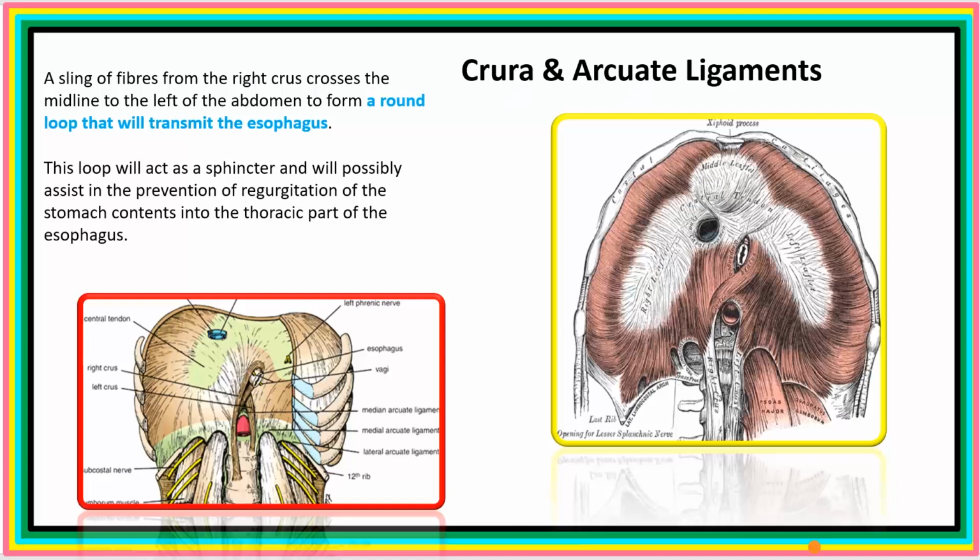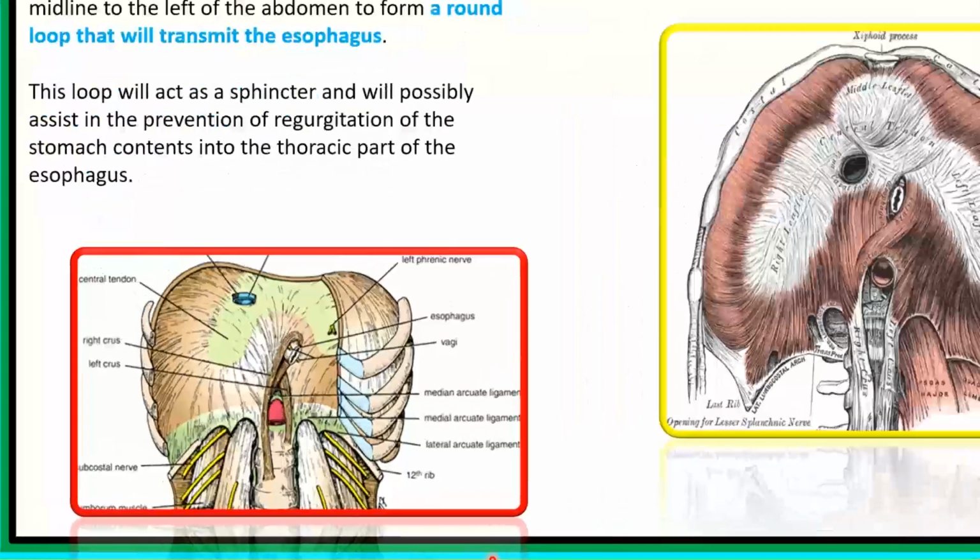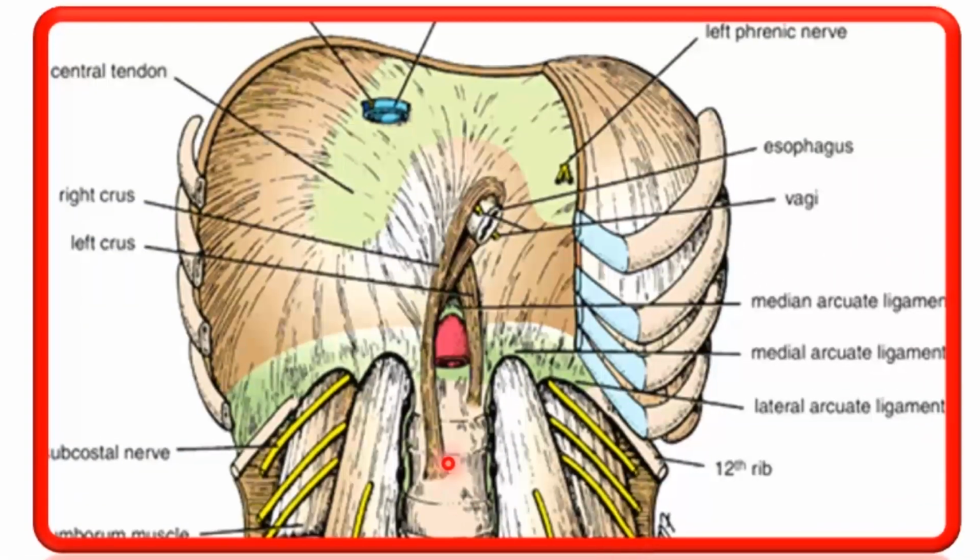But at this point, we'll be seeing how the right crus will cross over the midline to the left part of the midline to form a round sling that will transmit the esophagus. Here is the right crus. It will move across the midline and then form a round sling that will transmit the esophagus.